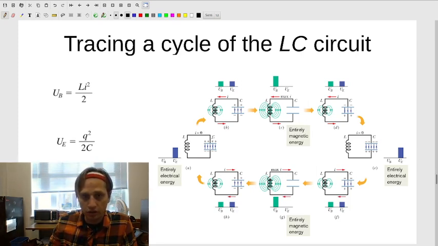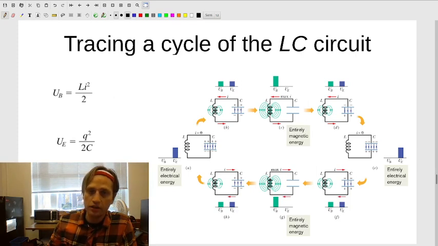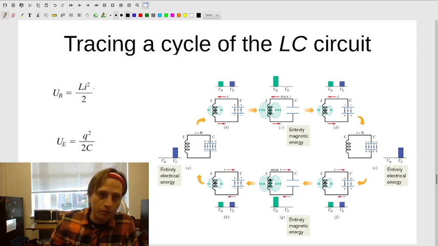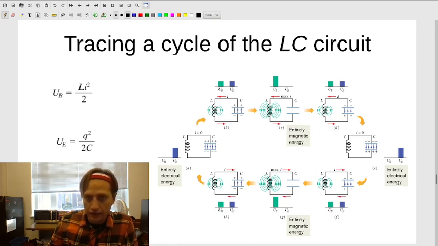The current is going to want to flow from the plus charge side of the capacitor to the minus charge side of the capacitor. And when that happens, that current starts to go through the inductor. But remember, as the current goes through it, this gains magnetic energy. So the energy is leaving the capacitor and going into the inductor.